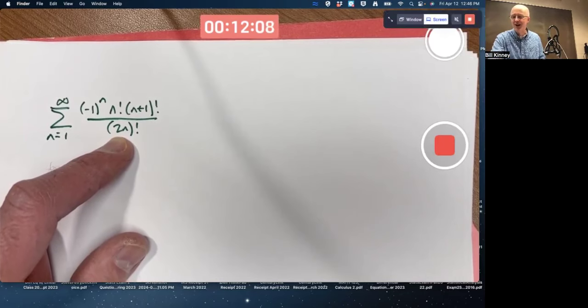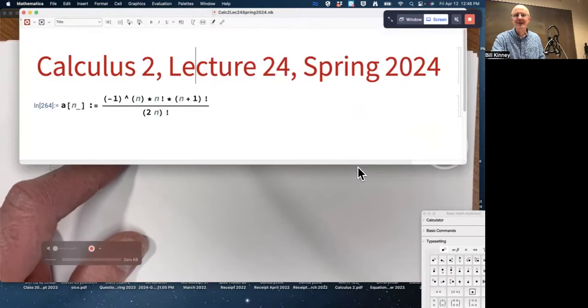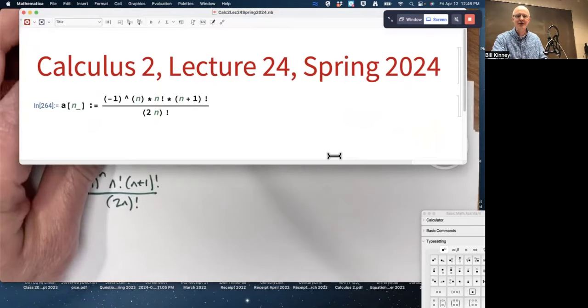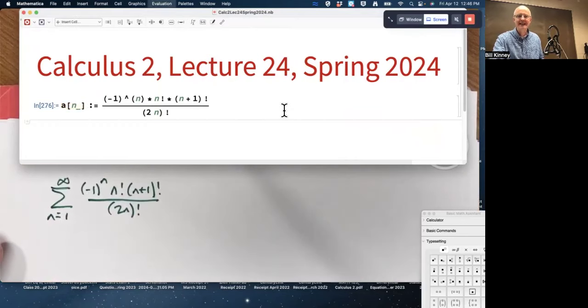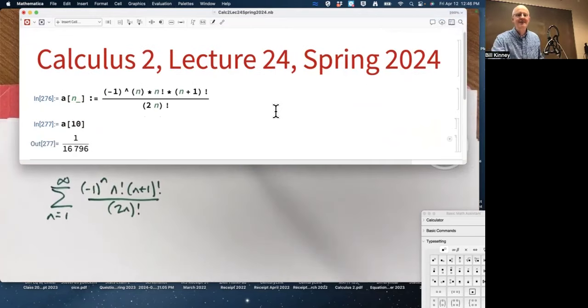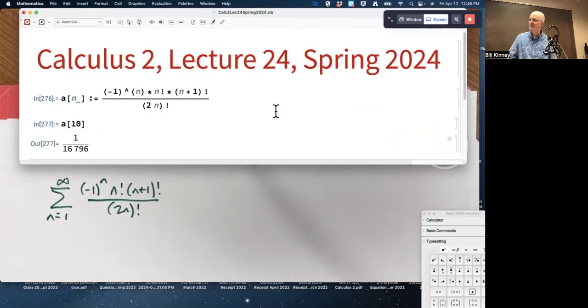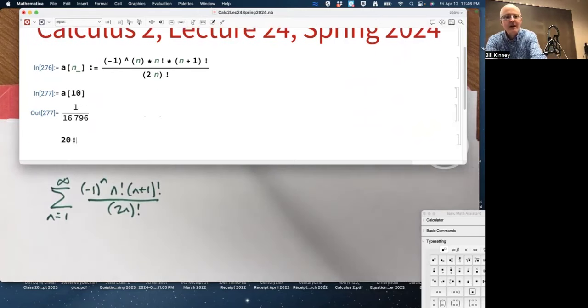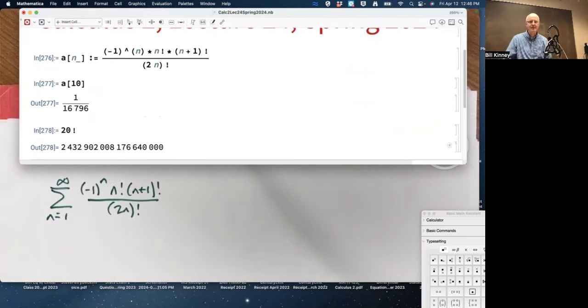The ratio is small. If we wanted more confirmation, we could type the nth term into Mathematica like this and say, Mathematica, for example, what is A10? It's 1 over 16,796. Now, what is 20 factorial anyway? That. Million, billion, trillion, quadrillion, 2 quintillion, 2.4 quintillion.